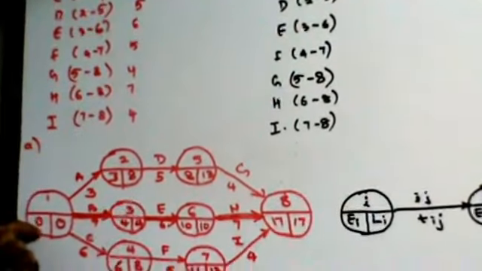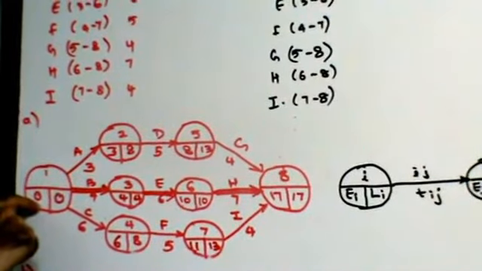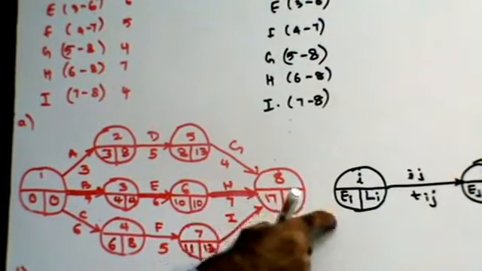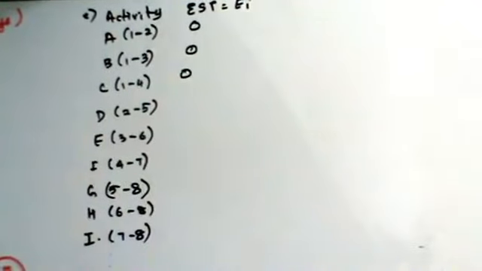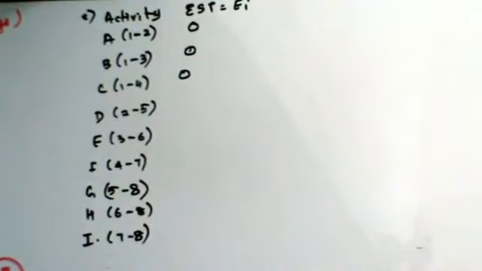The earliest start time for activity A will be 0. Right? For activity B will again be 0. Right? For activity C will again be 0. For activity D will be 3. For activity 3, the earliest start time is going to be 3.